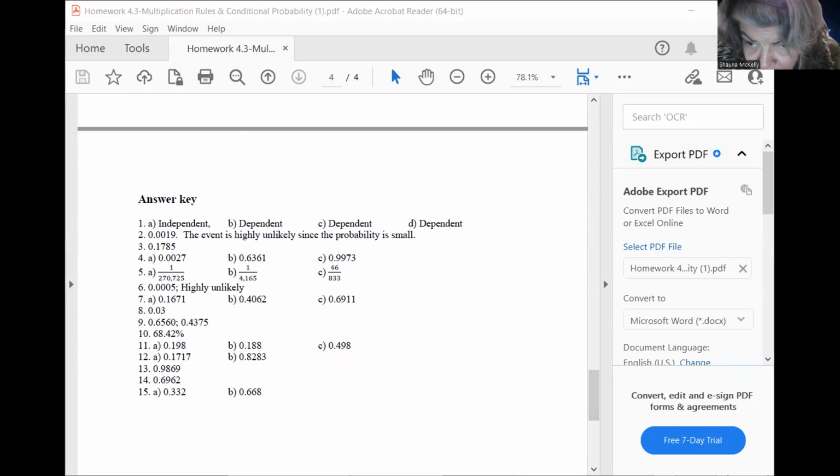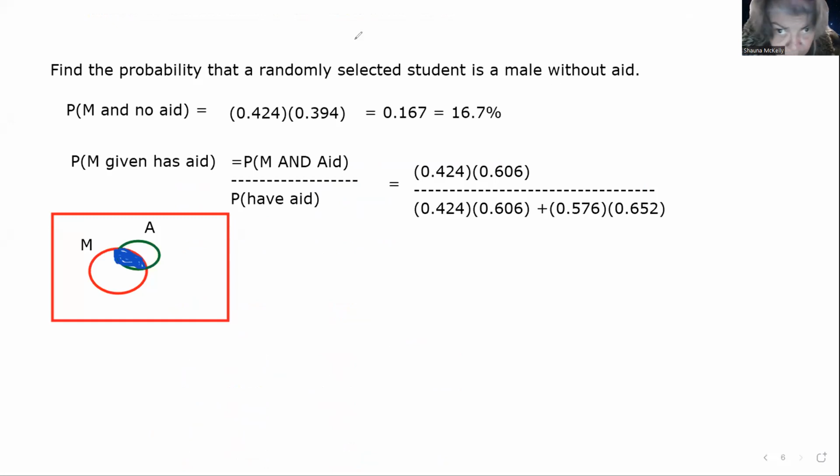This comes out to about 0.406, or about 40.6%, depending on how many places you round the decimal. If you round it to 4, you'll get our answer.